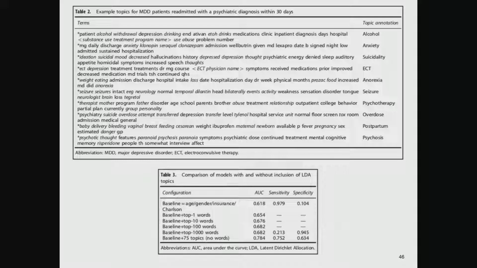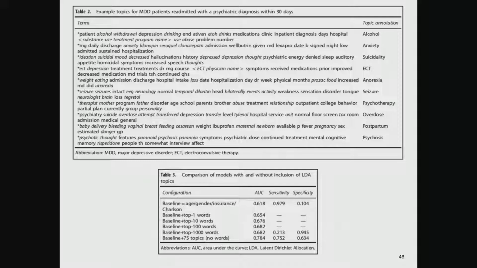And we had our experts look at these topics and they said, oh, well, that topic is related to alcohol abuse, which seems reasonable. And then you see, on the bottom, psychosis, thought, features, paranoid psychosis, paranoia, symptoms, psychiatric, et cetera. And they said, okay, that's a psychosis topic. So in retrospect, you can assign meaning to these topics, but in fact, they're generated without any a priori notion of what they ought to be.